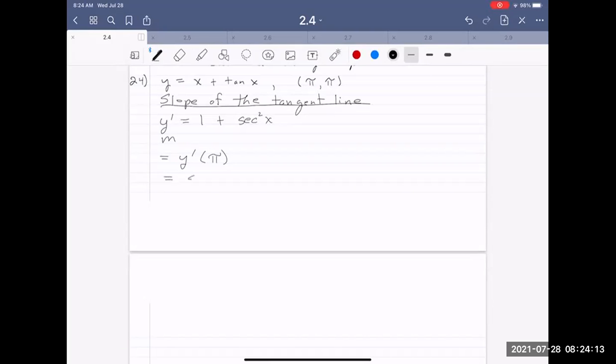So this is equal to 1 plus secant squared pi. Well, cosine of pi is -1. Therefore, secant at pi is -1. (-1) squared is 1, plus 1 is 2. Therefore, the slope of my tangent line is 2.